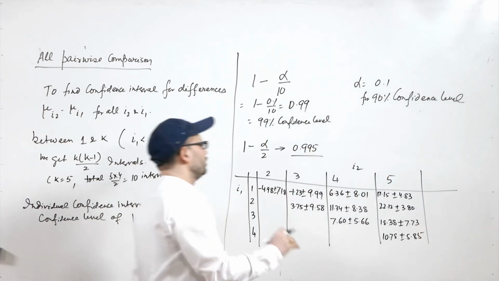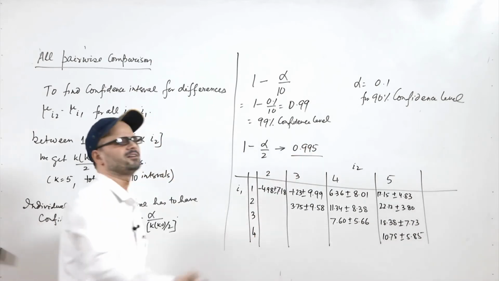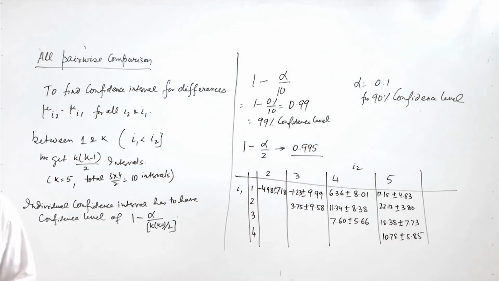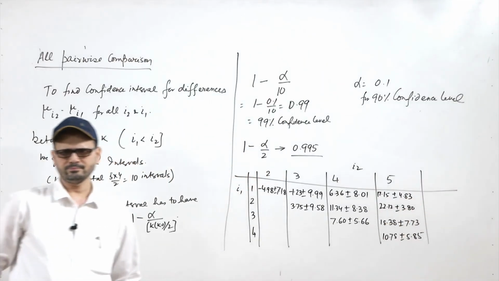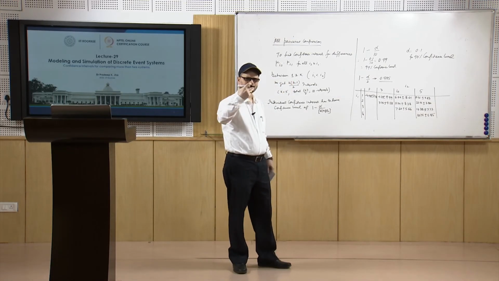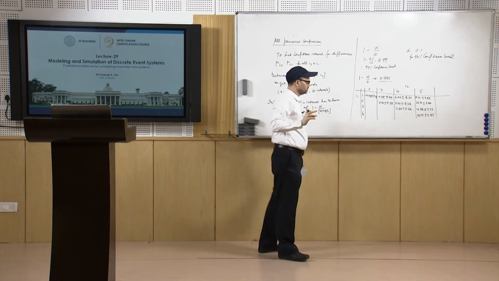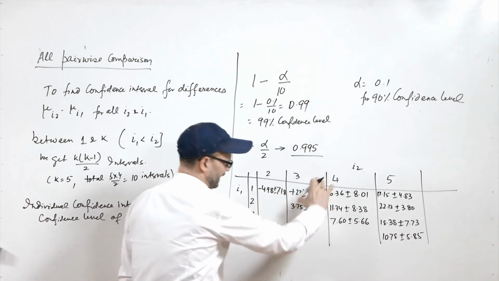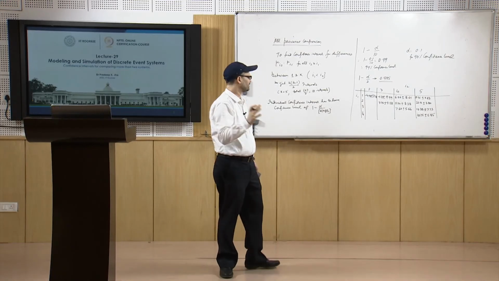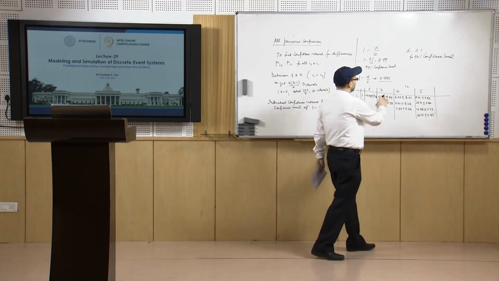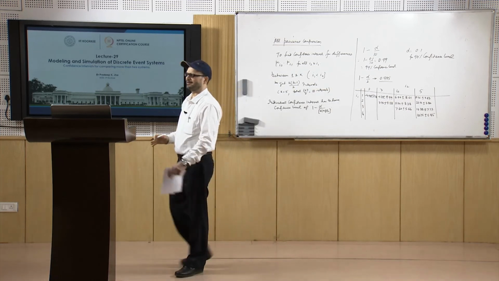This is how you get these confidence intervals at 99% confidence level, because you had 10 intervals to make. With that t nu and 1 minus alpha by 2, you compare, and wherever the interval contains 0, the system can be said to be similar to the standard one.